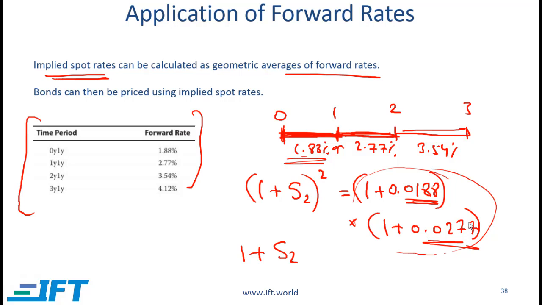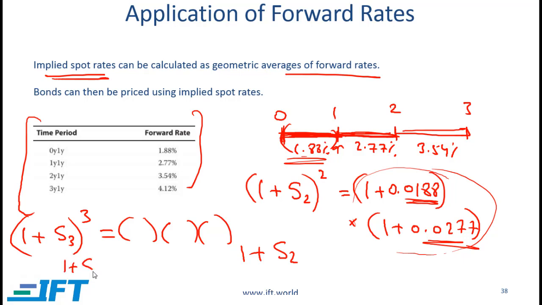How will you come up with 1 plus S3? 1 plus S3 cubed, and S3 is the 3-year spot rate. This would equal 1 plus this number times 1 plus this number times 1 plus this number. And then 1 plus S3 would be the product of those three raised to the power of 1 over 3.